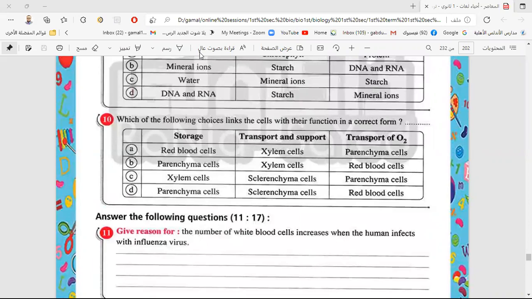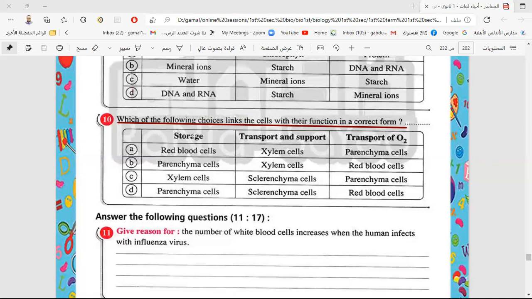Which of the following choices links the cell with their function in correct form? We have storage, transport and support, transport of oxygen. We have red blood cells, parenchyma cells, xylem cells, parenchyma cells.